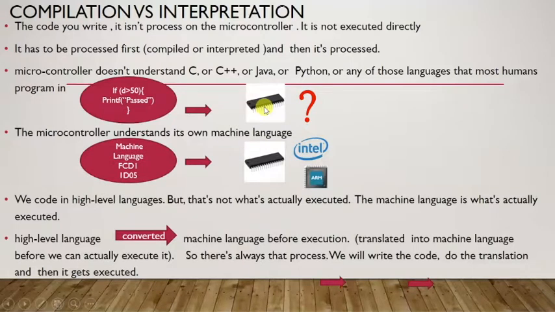Instead, it understands its own machine language, a pair of hexadecimal, 0 and 1 language. Intel has its own machine language, the ARM processor has its own machine language, and the AVR microprocessor, which we will use in Arduino, has its own machine language.